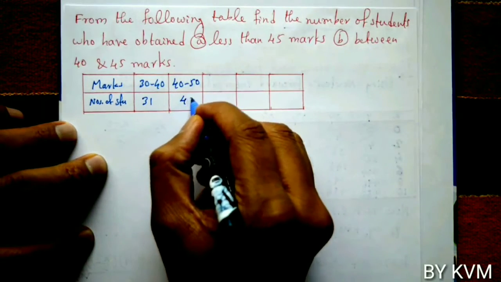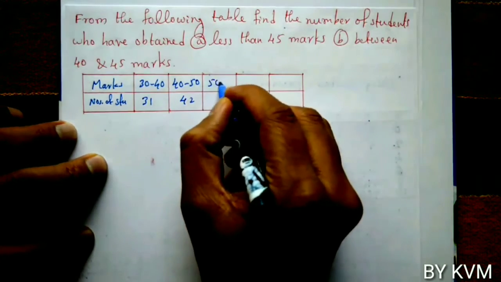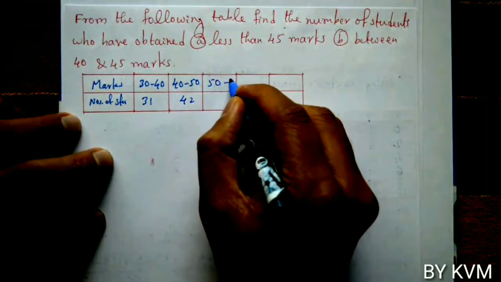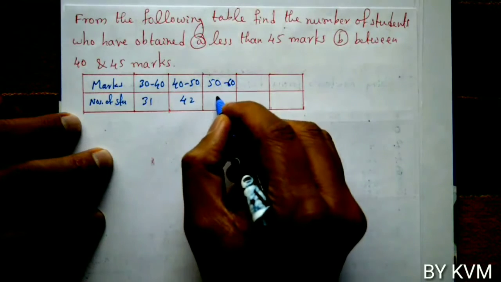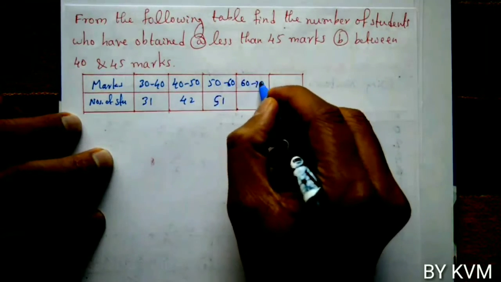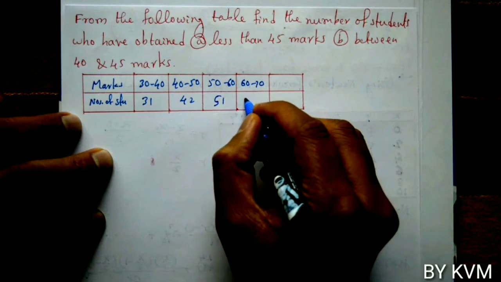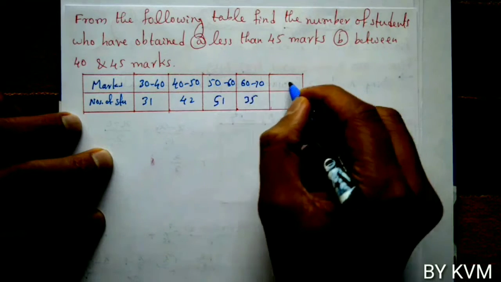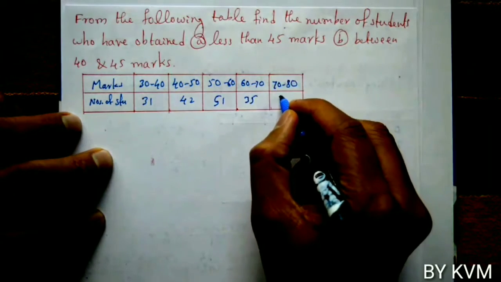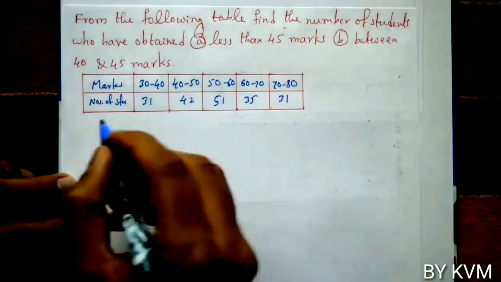Between 40 and 50, 42 students. Between 50 and 60, the number of students is 51. Between 60 and 70, the number of students is 35. And between 70 and 80, the number of students is 31.